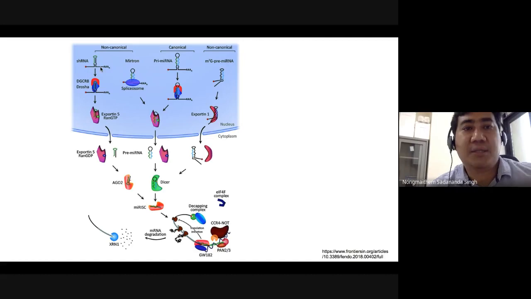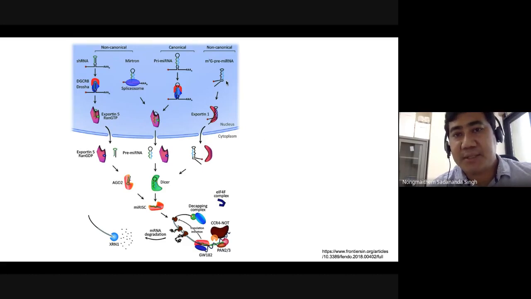In a normal mRNA, many times it can come from the intronic region of the mRNA as well. These stem loop structures or short hairpin structures are recognized again by the same DGCR8 and Drosha complex, and exported just like the canonical primary pre-microRNA, in an exportin 5 dependent way.